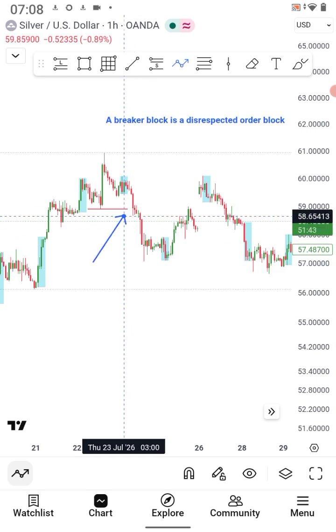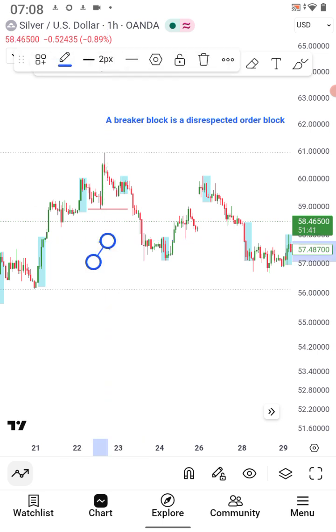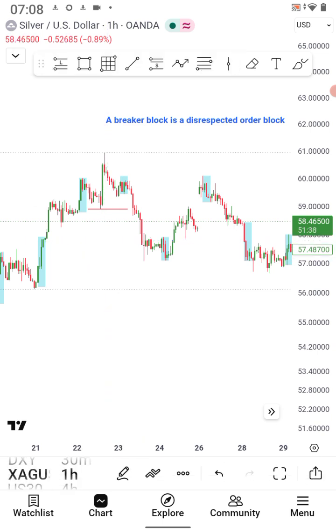Because I am of the opinion that when institutional players want to sell, they will buy first. They will drive the market up first, gather their positions above, and drop it down.